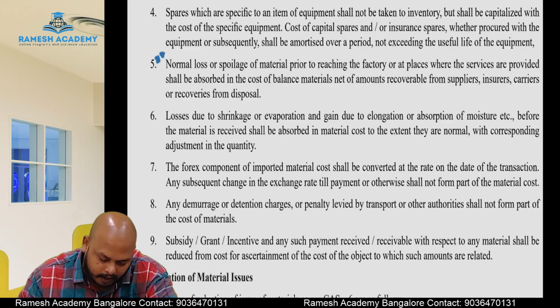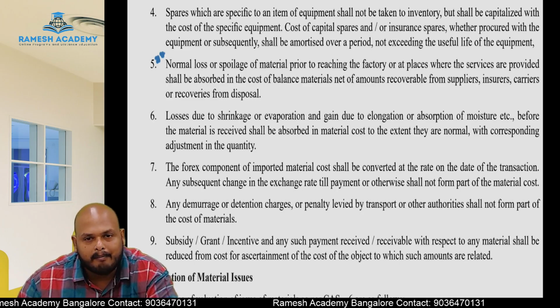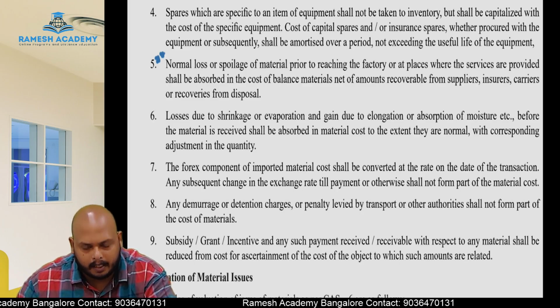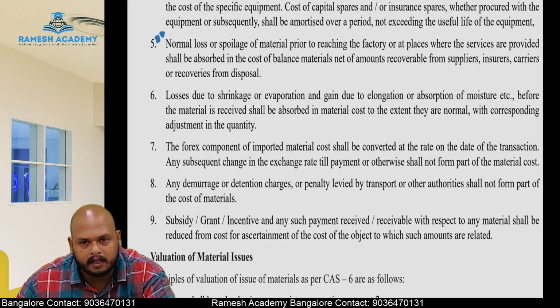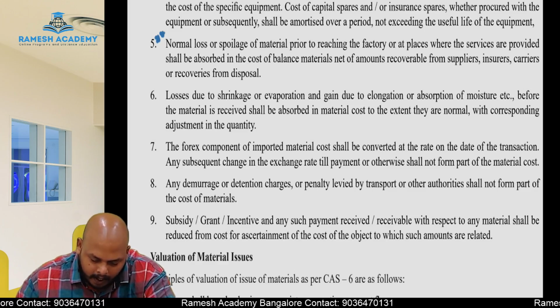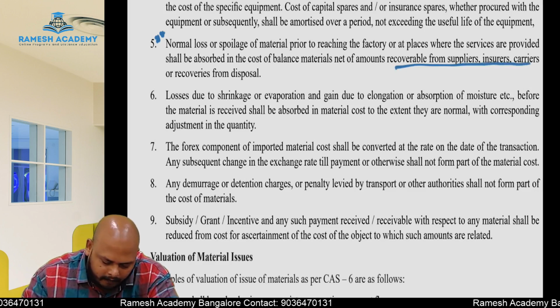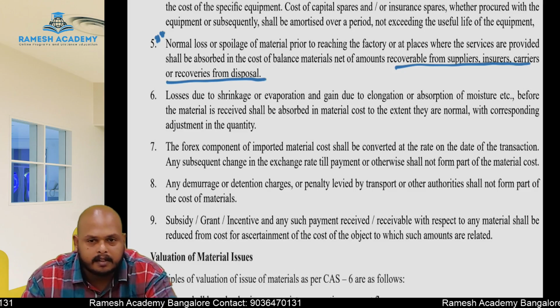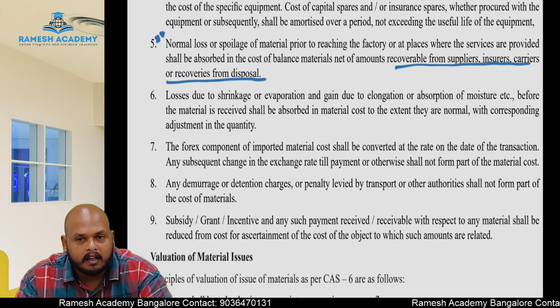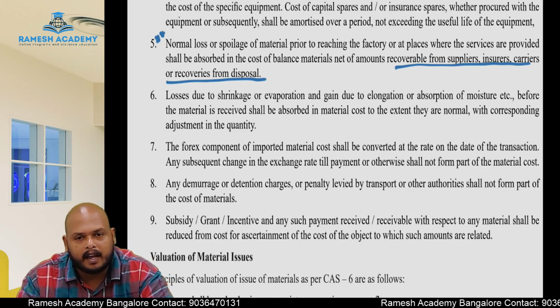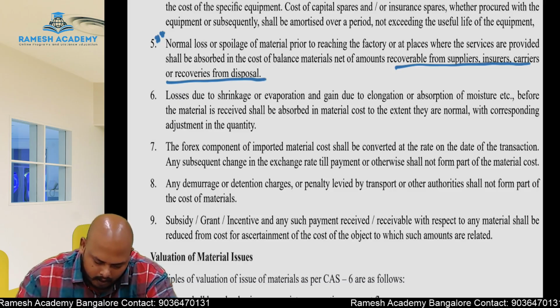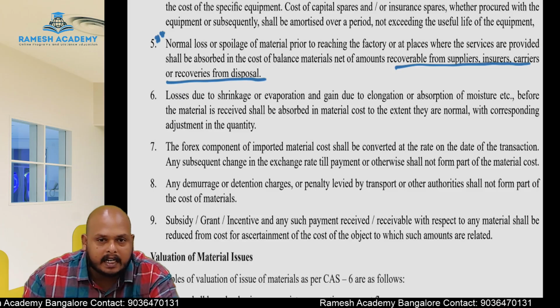That normal loss shall be absorbed in the cost of balance materials, nana. And if any amount is recoverable from the supplier, from disposal, or from insurance companies, compulsorily we have to deduct that. Okay, nana. We can take one example, nana, for better understanding.